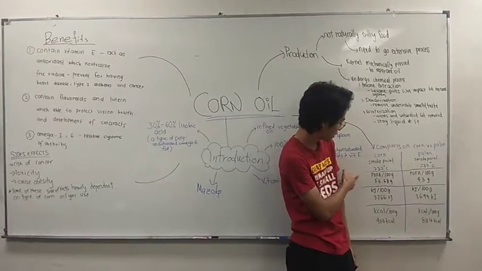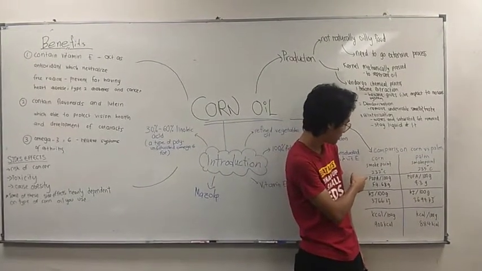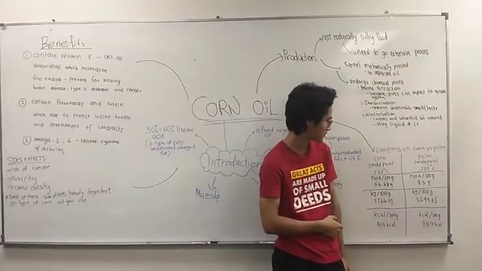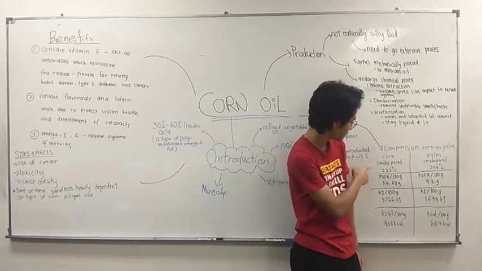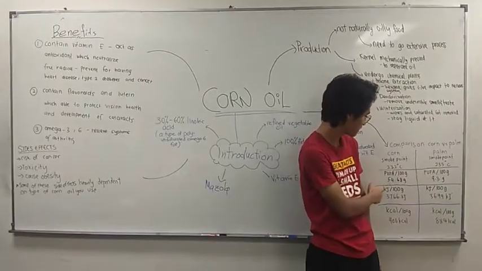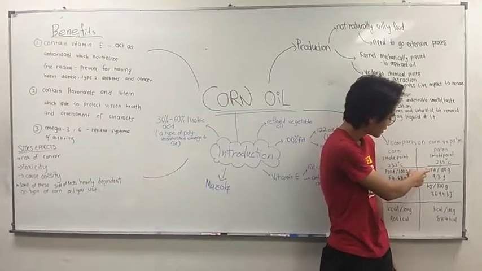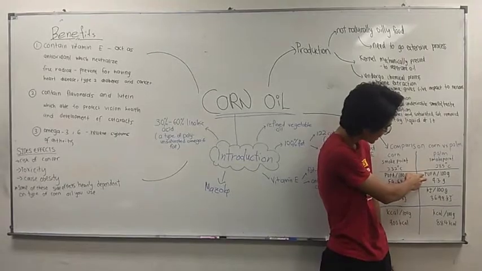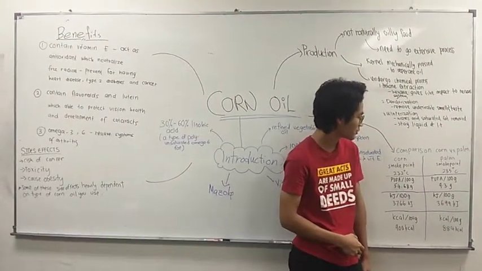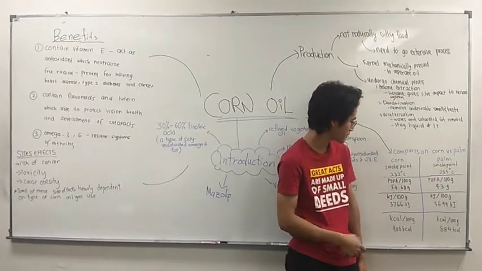So the next point, polyunsaturated fatty acids per 100 gram of corn oil is 54.68 gram. Meanwhile, polyunsaturated fatty acid per 100 gram of palm oil is 9.3 gram.